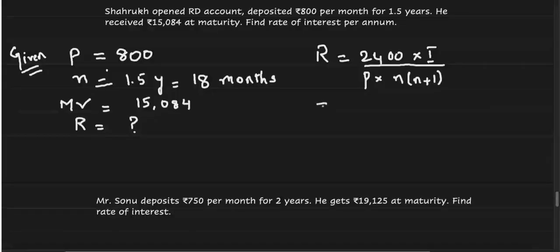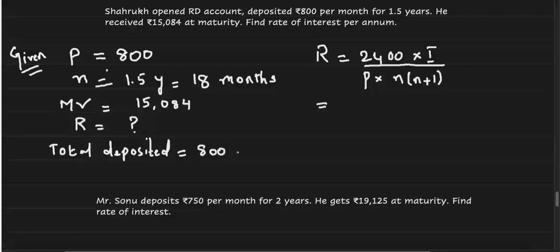What is I here? I is interest. How much interest have they yielded? To get the I value, first find the total amount deposited. Total deposited equals P into N, that is, 800 multiplied by 18. If you multiply 800 into 18, you will get the total deposited value.